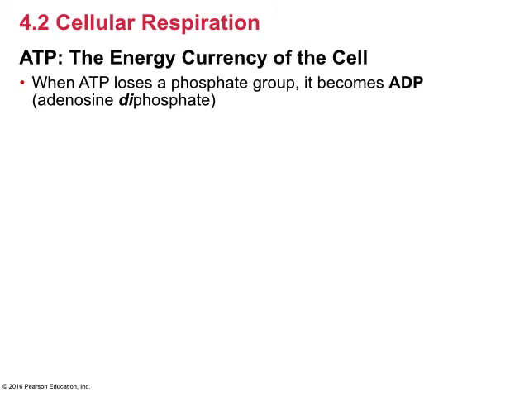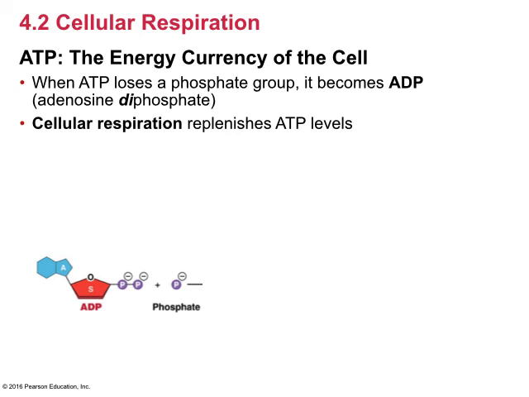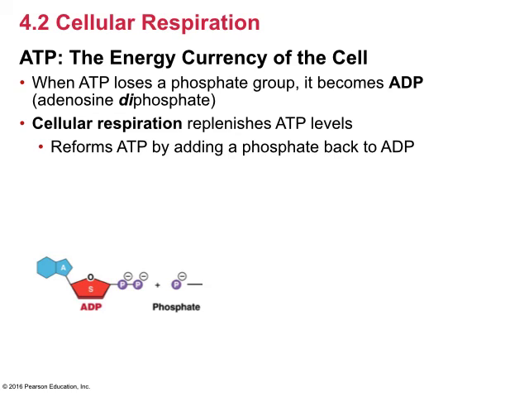So after you use ATP, it loses a phosphate group, right? Because it donates that group to an enzyme or another protein, and it becomes adenosine diphosphate. So to replenish ATP levels, your cell does this really awesome metabolic reaction called cellular respiration. It replenishes the ATP levels by adding a phosphate back to adenosine diphosphate, to ADP.